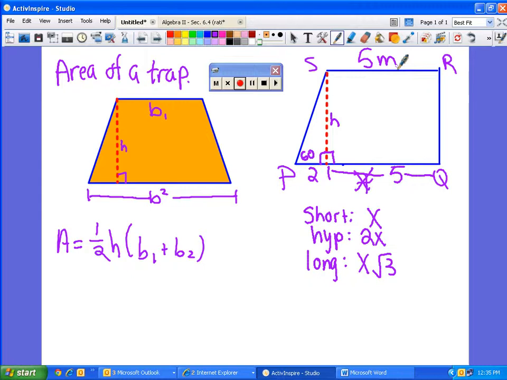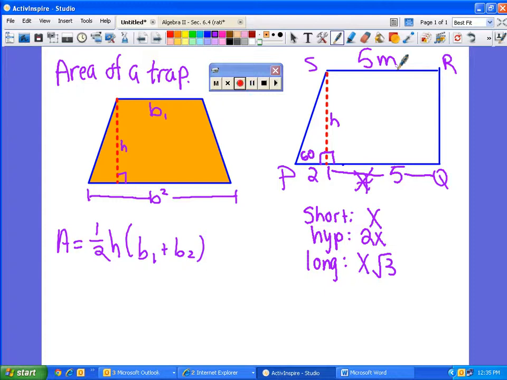I'm confused as to why this part is confusing. Okay, read to me what it says for the short side. It's x. What does it say about the long side, Sandra? X radical 3.